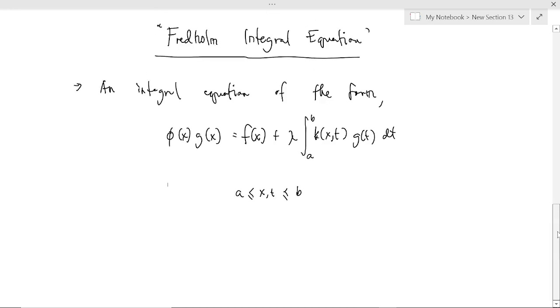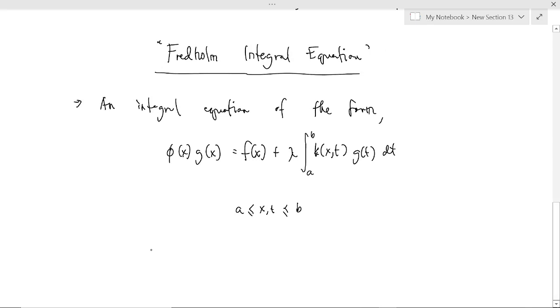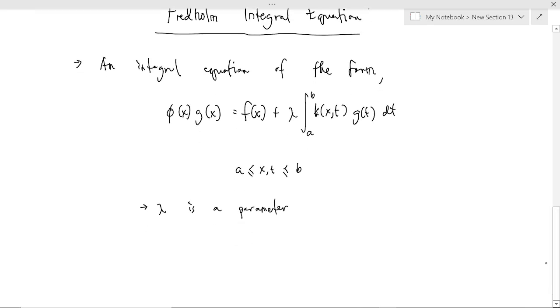Now, as I said earlier, lambda is a parameter. It's actually a parameter that is mostly given in the problems, in physics problems or even engineering problems. So we consider the following conditions for the Fredholm integral equation.